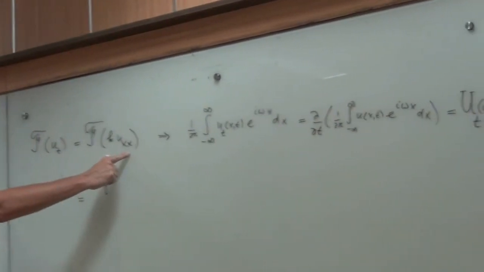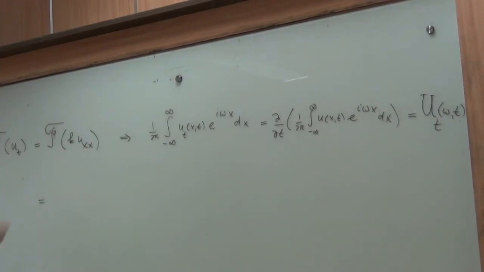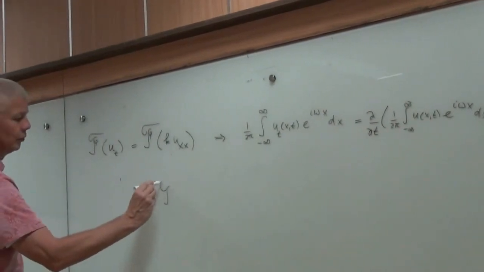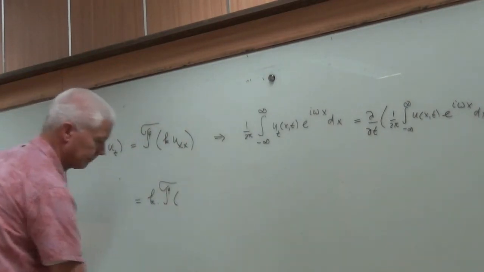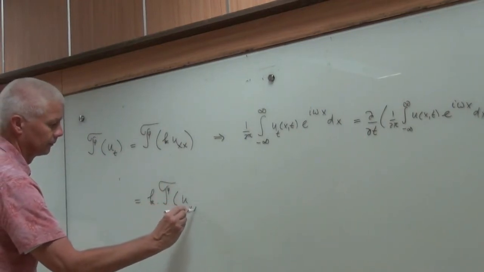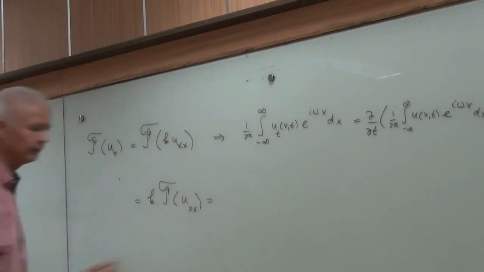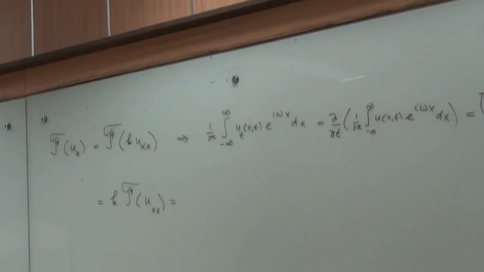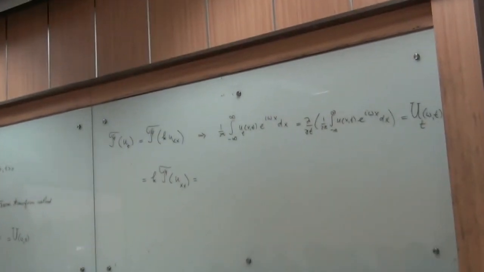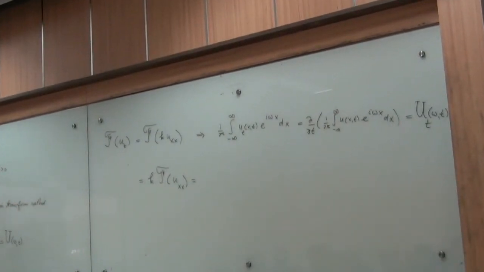That should be equal to the Fourier transform of this. Well, that's of course equal to k times the Fourier transform of u_xx. And if I look at the Fourier transform of the second order derivative of u with respect to x, I can look in my table. If I have a function, I take the nth derivative, it's in between brackets minus I omega to the power n f(omega).